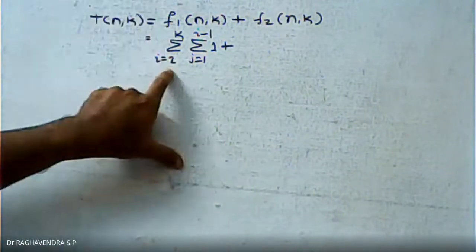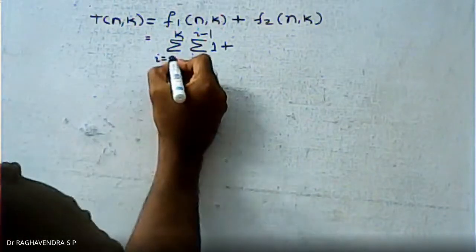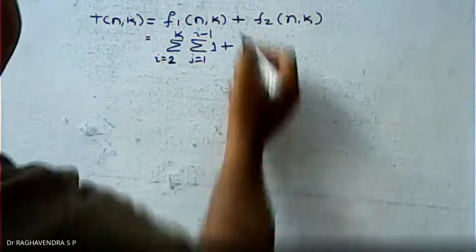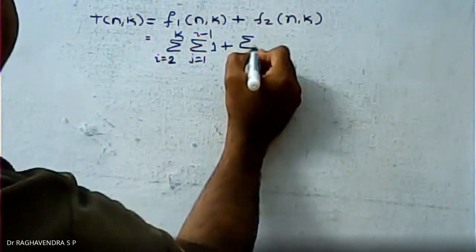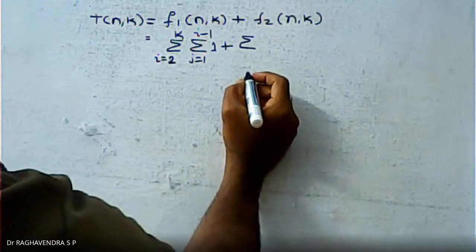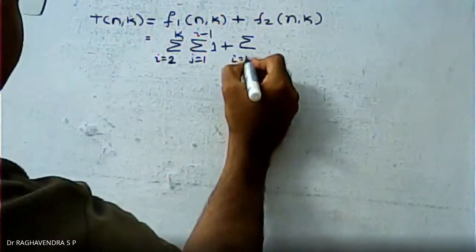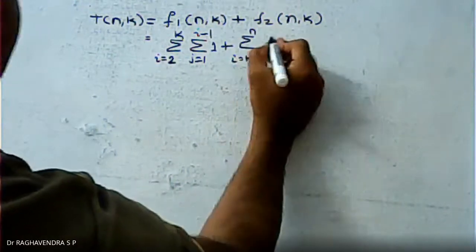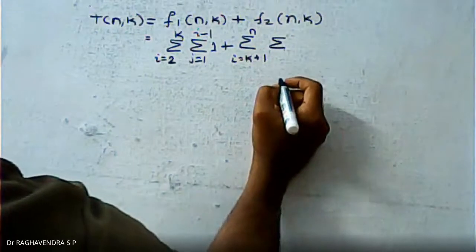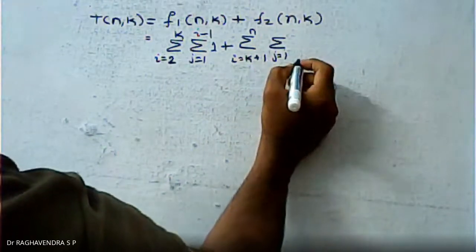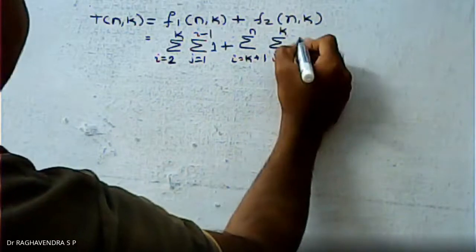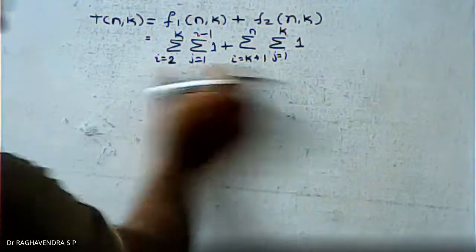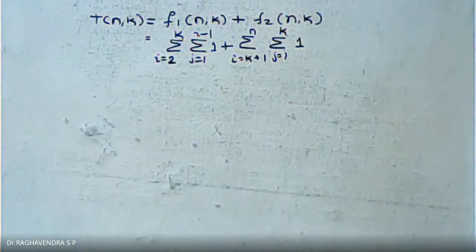Similarly, the summation for the rectangle portion is i equals k plus 1 to n, and summation from j equals 1 to k. For all these, one basic operation is executed. I am writing directly because of time constraints.